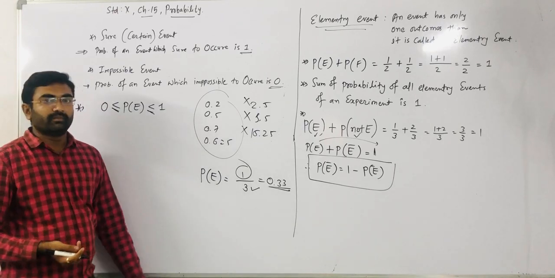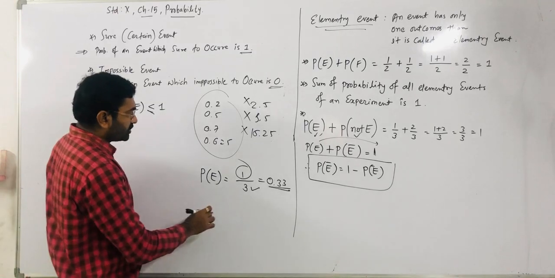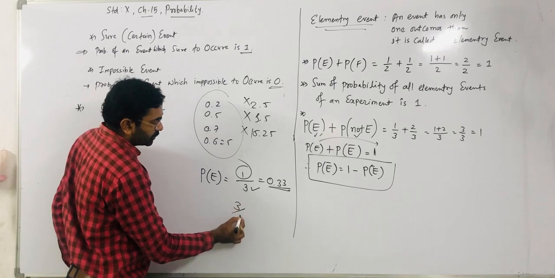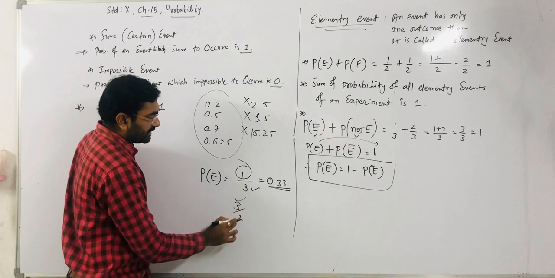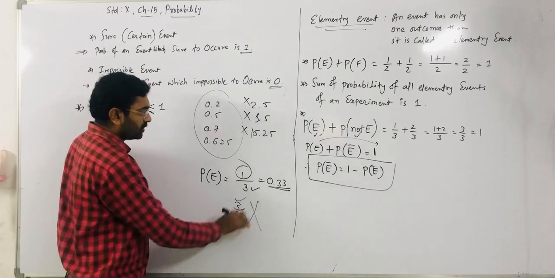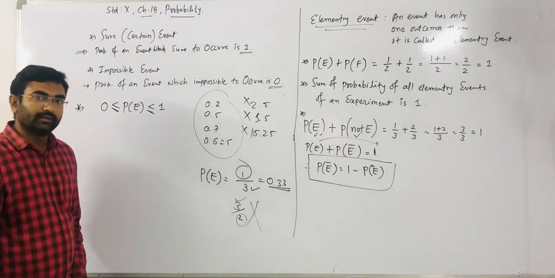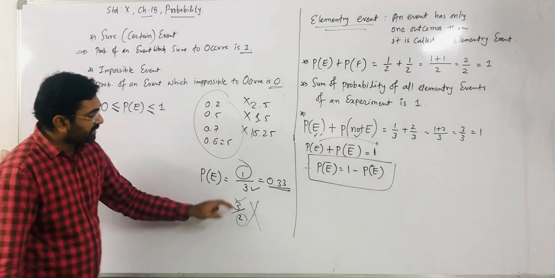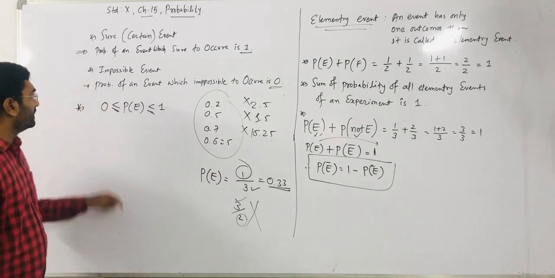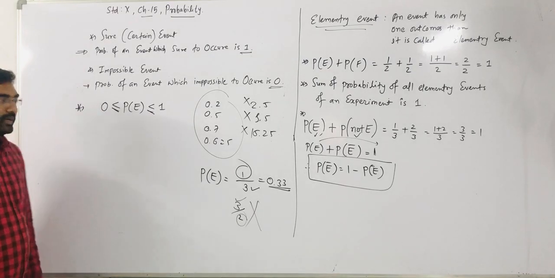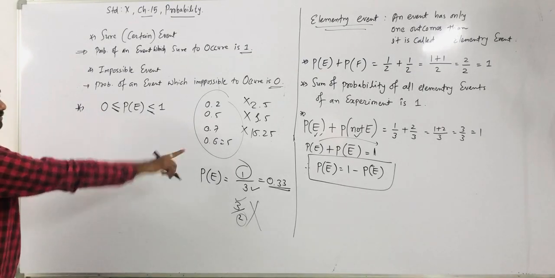So you have to remember that, because sometimes they may give an option like 3 by 2 as the probability of an event. The numerator is greater than the denominator, which is not possible for any event's probability. Your denominator is always larger than your numerator, then you get your probability value between 0 to 1. Okay, so remember that.